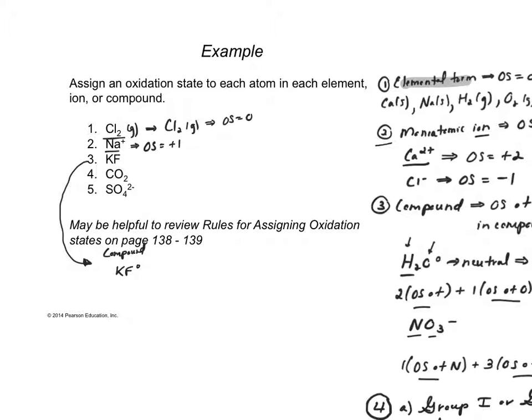So the rule in number 3 is that the oxidation state of potassium plus the oxidation state of fluorine has to equal the overall charge of the compound, which is 0, right? So that's kind of like the idea behind 3. And then how do we know what the oxidation state of potassium, the oxidation state of fluorine is? Well, then we use rule 4.